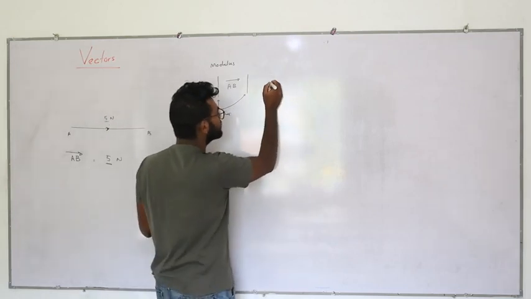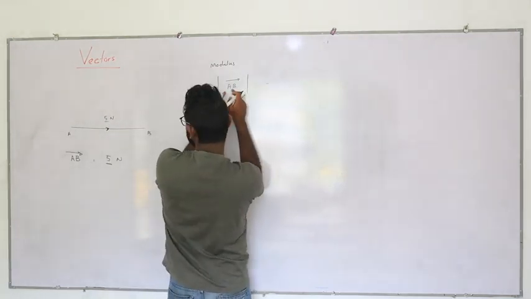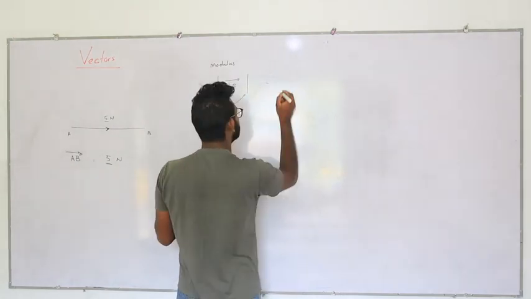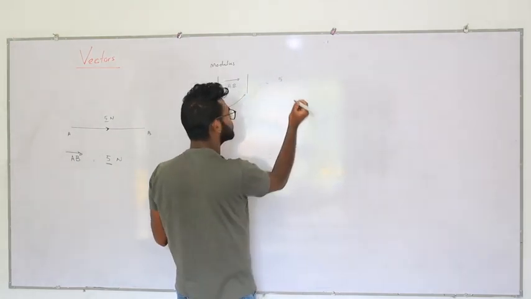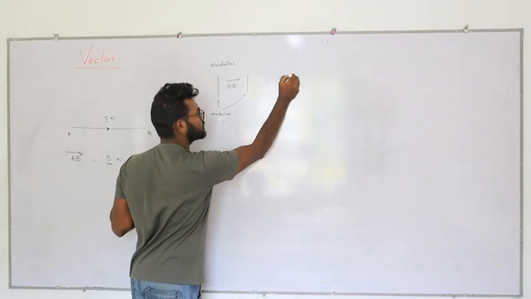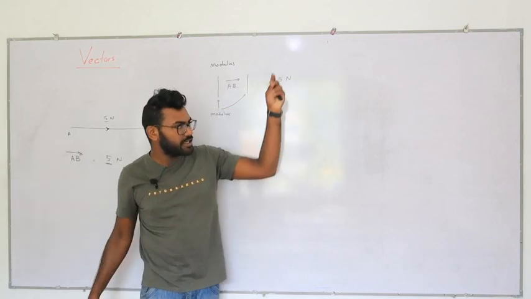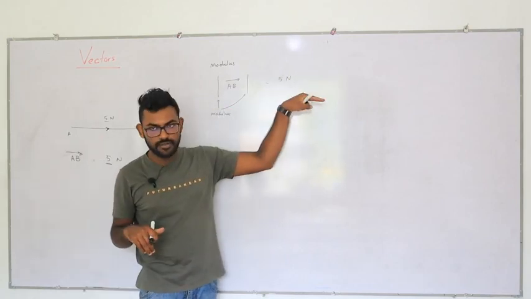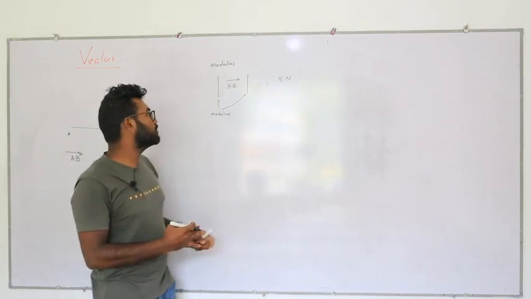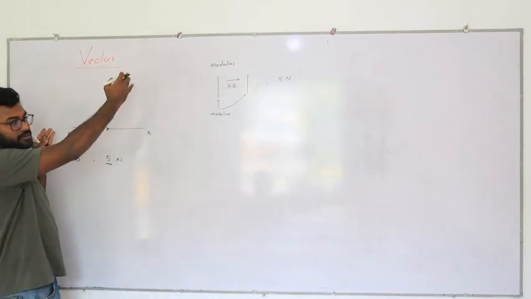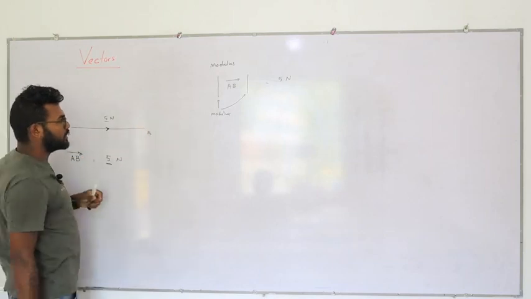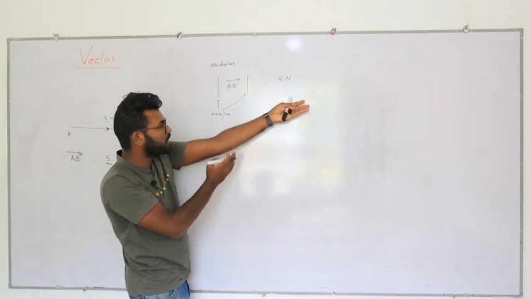Modulus means we are only interested in the magnitude of this AB, which means what? Just 5 Newton. We don't need to consider which direction it is acting. Only the magnitude, 5. It could be to the north or 30 degrees to the horizontal, we don't need to consider that. If you are writing the modulus, that will be only the magnitude of it.